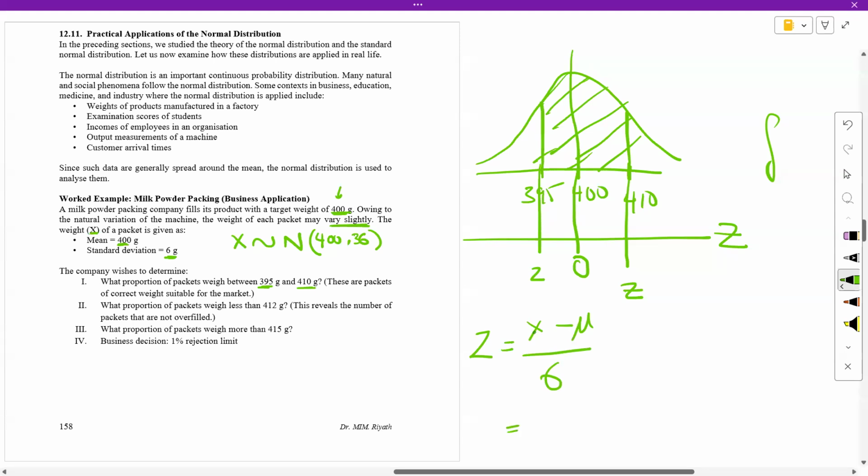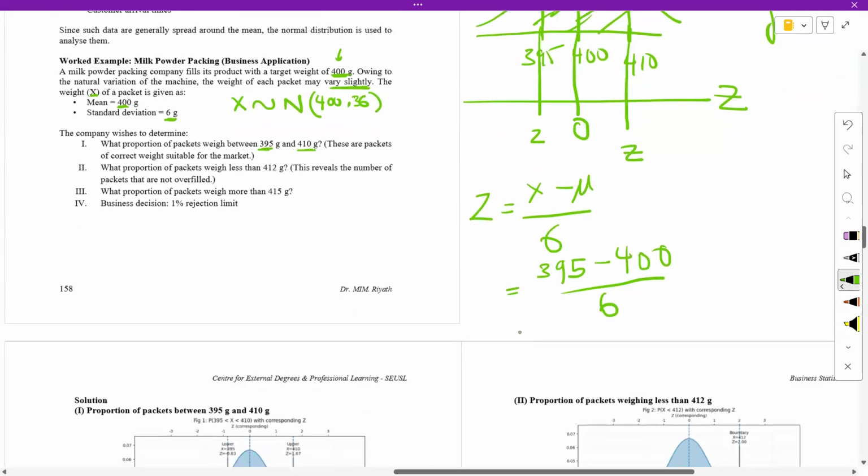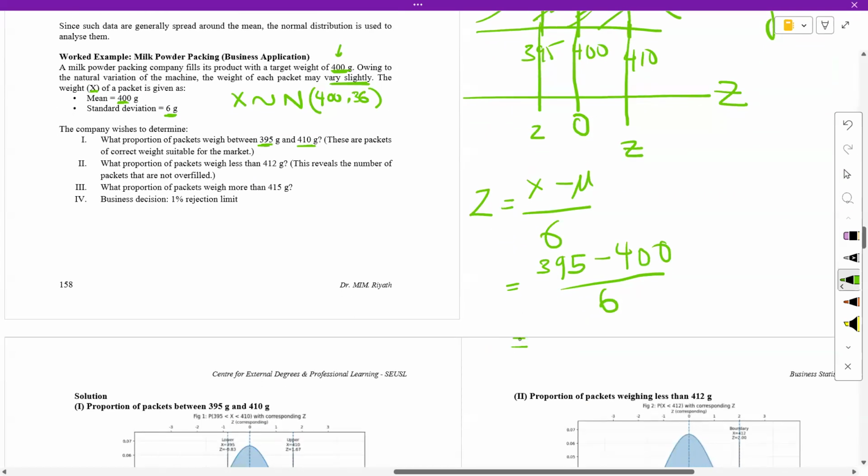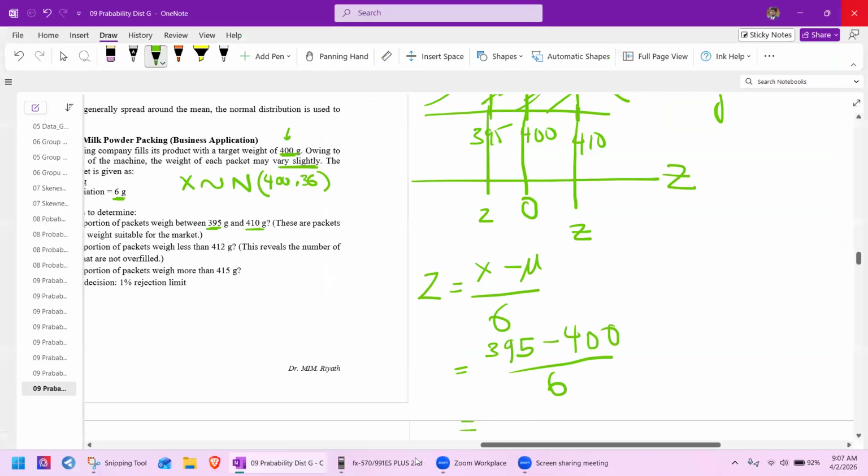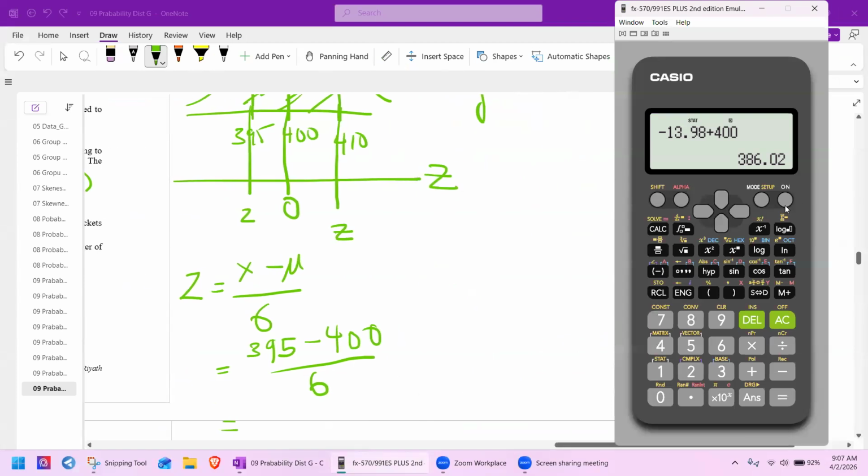In this case, the x value is 395, the mean value is 400, and the standard deviation equals 6. So Z equals 395 minus 400, divided by 6.